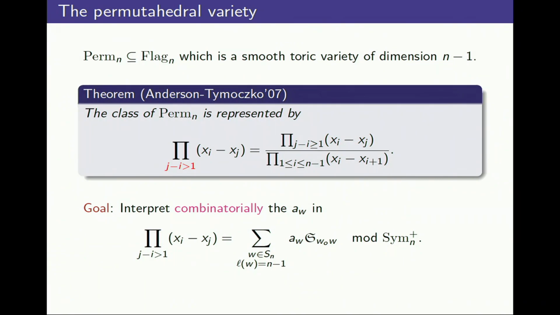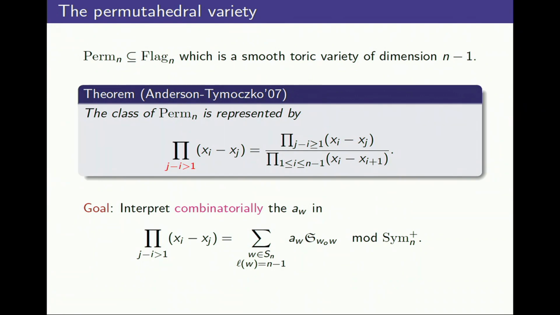Okay. So this variety is a smooth toric variety of dimension n minus 1, and Dave Anderson and Julianna Tymoczko already gave us a polynomial representative for this class. It's this product on the left-hand side, right? So mindful of the indices, j and i differ by at least 2. So it's like a Vandermonde determinant, but it's missing stuff.